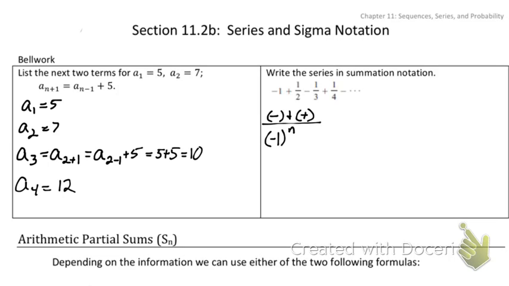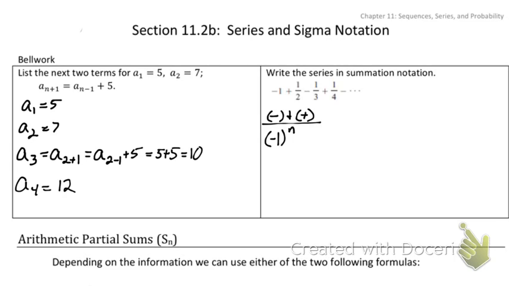Well, if Callie's right, that means if I plug a 1 in here, that makes this negative, so my first term better be negative. It is. So n works. So that's going to be the thing that alternates.